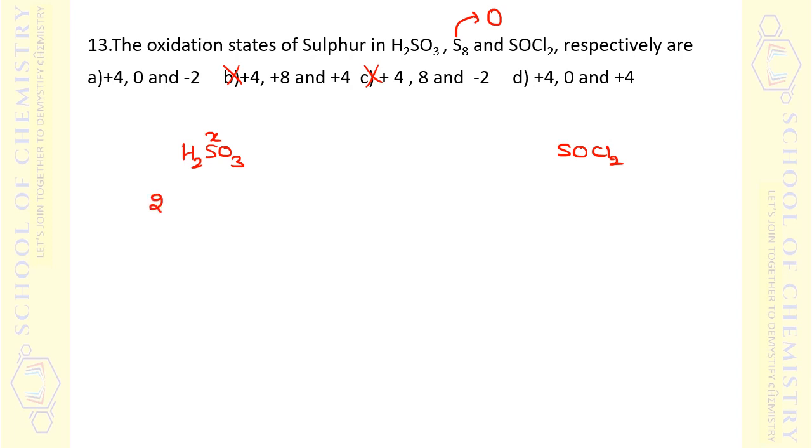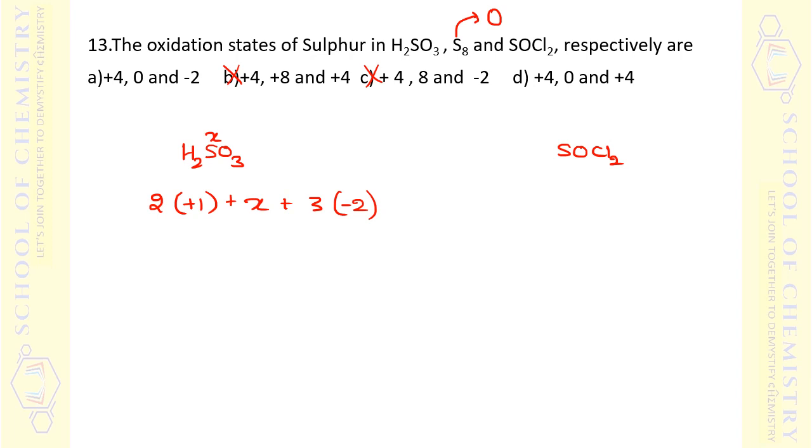So 2 hydrogens, and hydrogen will always be in +1 oxidation state. So plus X, sulfur unknown, plus oxygen, 3 atoms are present, and if oxygen is in oxide form, you should be very careful. Sometimes if peroxide is given, it will not be -2, it will be -1. In this case it is in oxide form, so therefore -2.